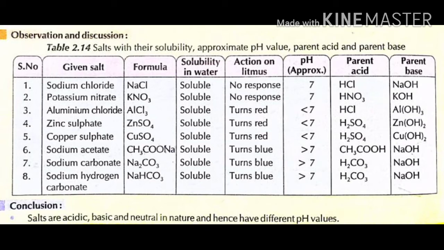It turns red litmus to blue, so basic in nature, pH value greater than 7. Parent acid H2CO3 and base NaOH. Then sodium hydrogen carbonate, formula NaHCO3, soluble in water, turns red litmus to blue, pH value greater than 7, parent acid H2CO3 and parent base NaOH.